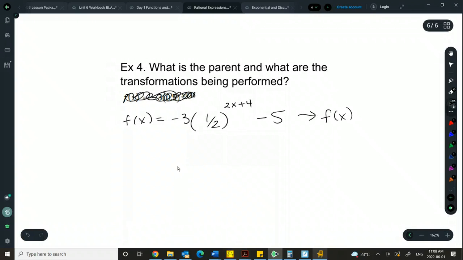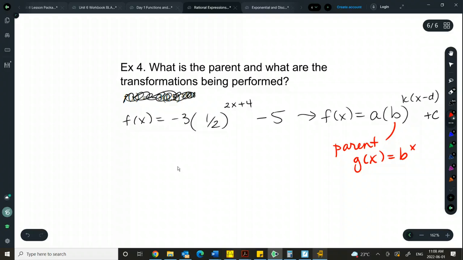So it will look like this, where you have a and c on the outsides. You'll have the base function, which I'm going to indicate the base with b. That tells you what your parent function is. And then you'll see k(x - d) up in the exponent here. So this tells you that your parent function is b to the x. It's not a transformation.